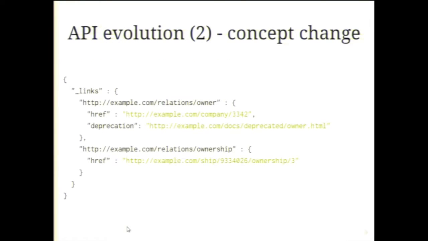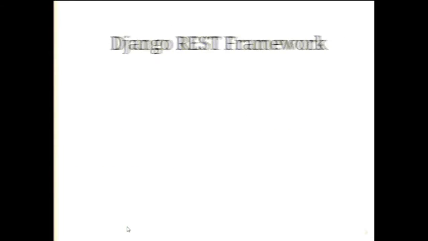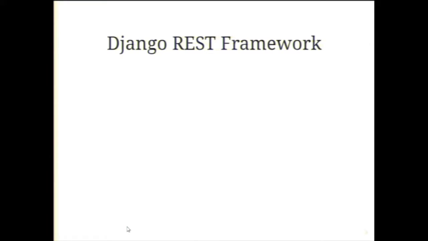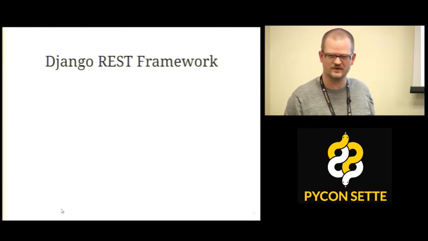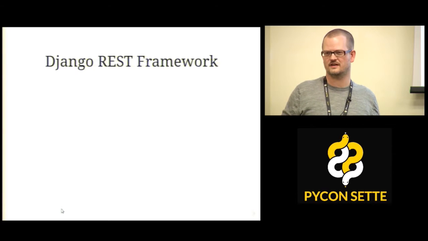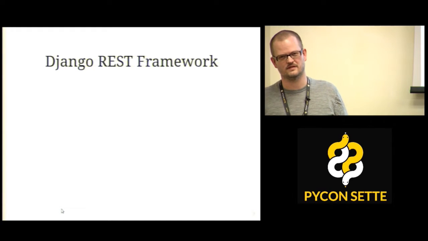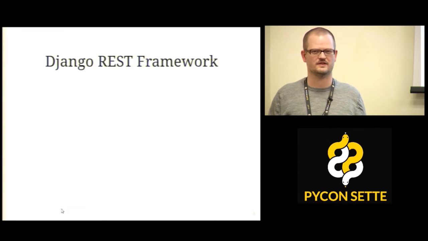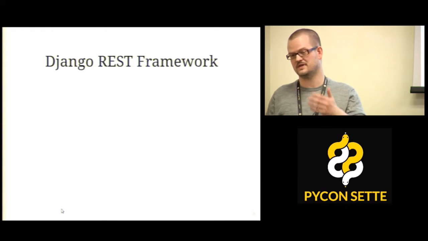So that's why you would want to use Hypermedia and what they are. Now let me show you how this is implemented, or how I implemented this in the Django-rest-framework. So the Django-rest-framework is a great framework. I think absolutely the best way of implementing REST APIs in Django.